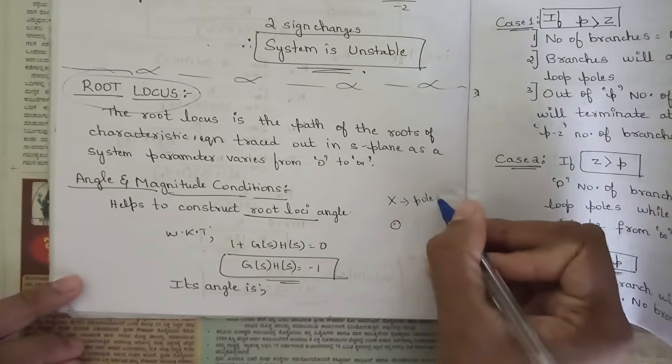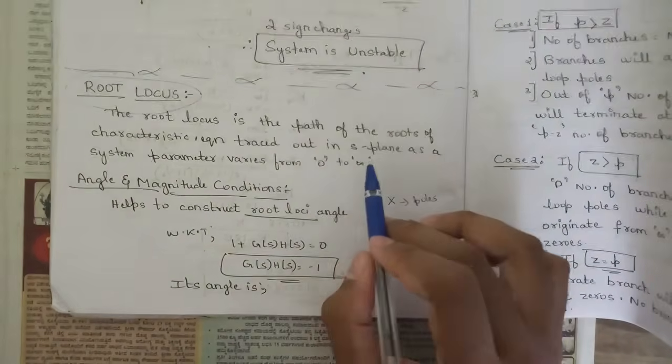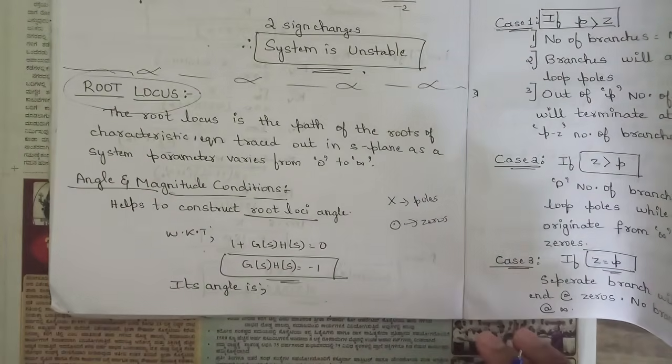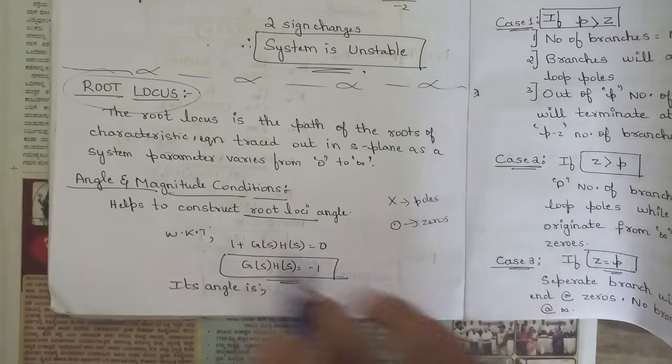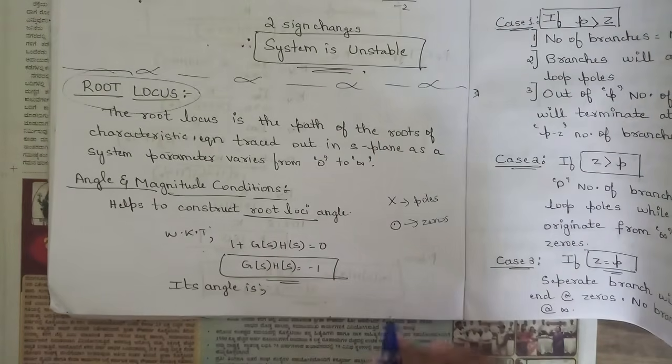Whenever we draw the graph, you need to remember this first. Traced out in the S-plane: the right half is the positive side and the left half is the S-plane, basically the second quadrant of the graph. As a system parameter varies from 0 to infinity, the values of the poles vary from 0 to infinity.